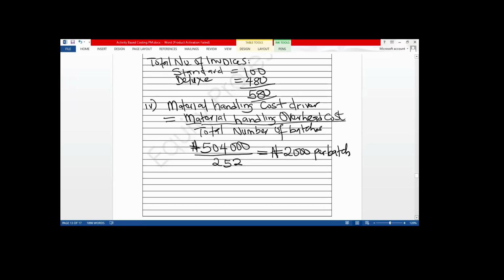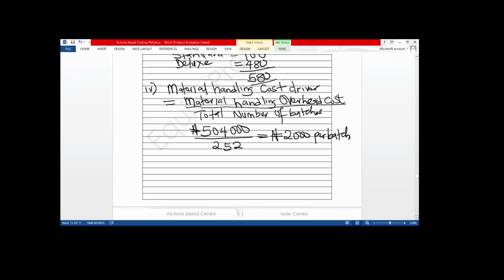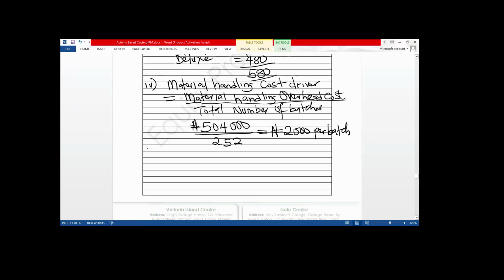The last one is other overhead cost driver rate. What is the cost driver here?